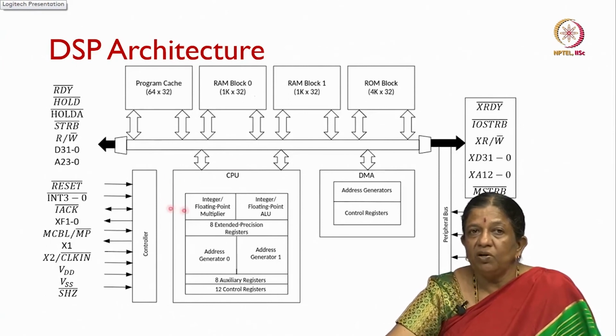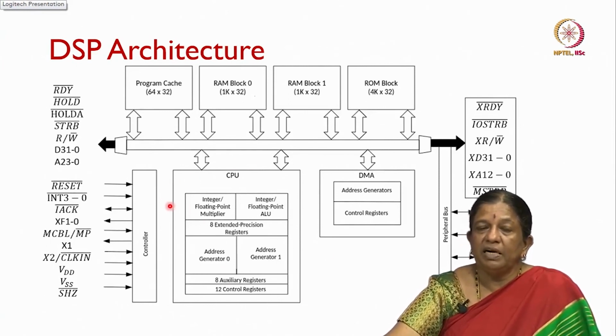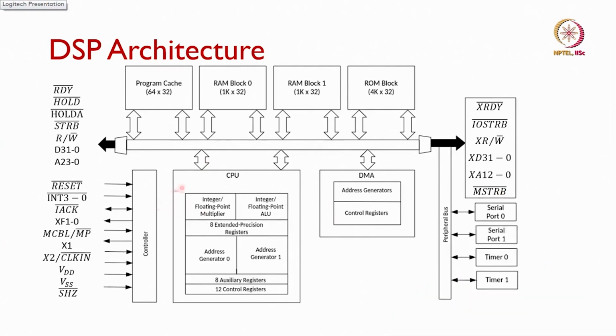So, we will see a little bit on the DSP architecture, and we will be taking a detailed one in the next class. As you can see here, I have considered the floating point DSK 6713 processor. You have the integer or floating point multiplier here, and then I have an integer floating point ALU addition, and then we have some extended precision registers, and some address generator 0 and 1, and then some auxiliary registers and some control registers.